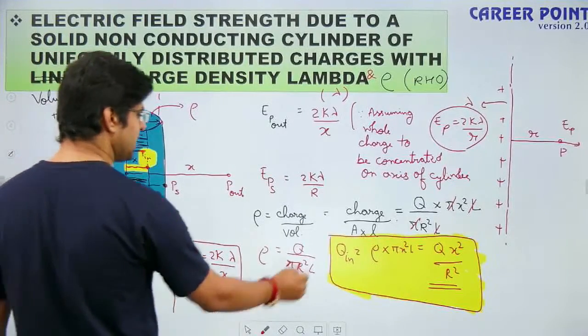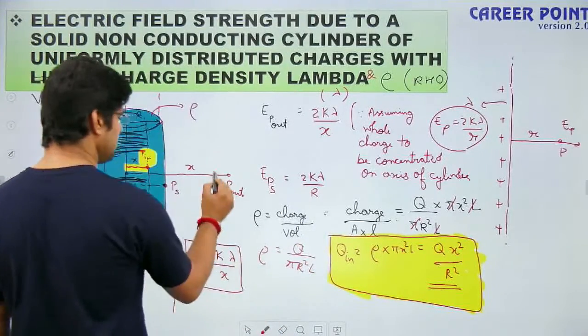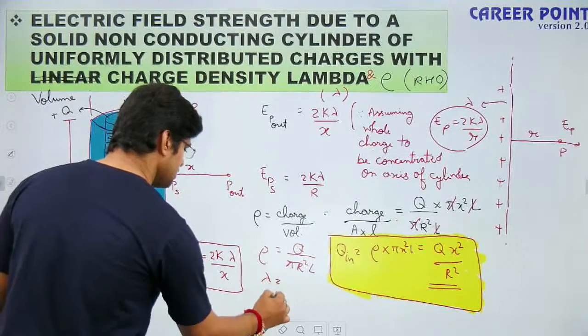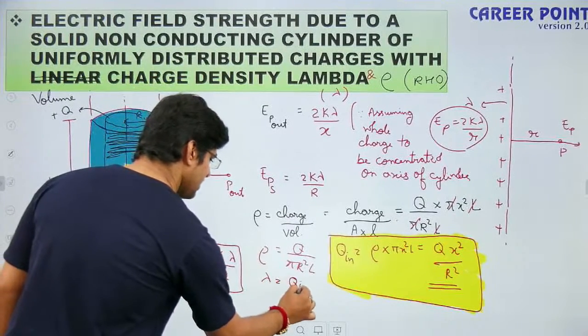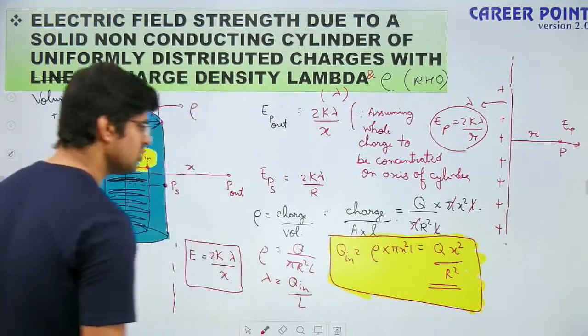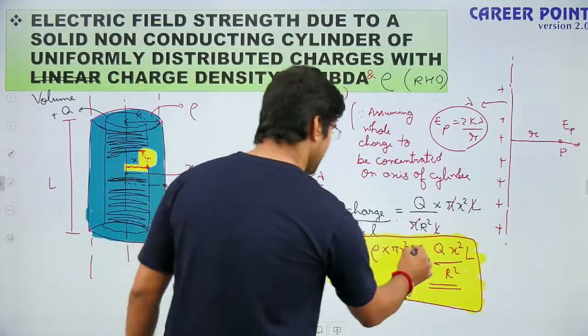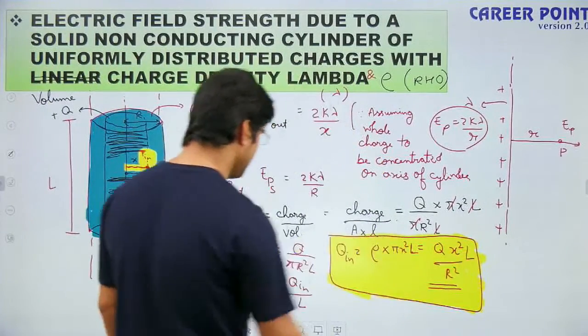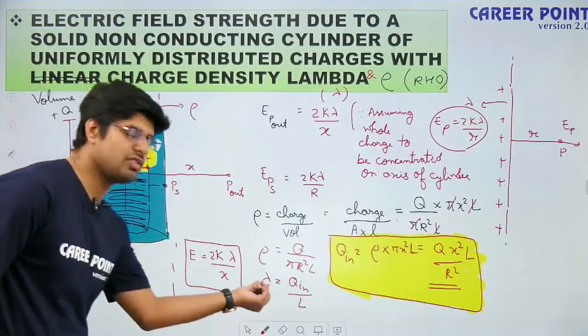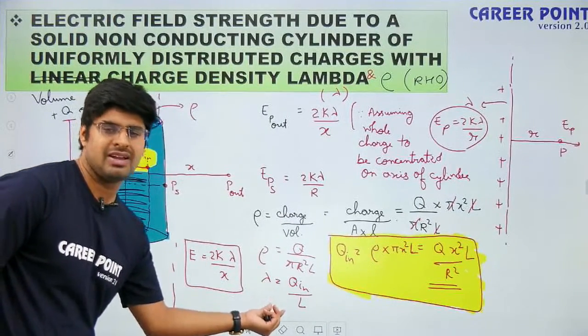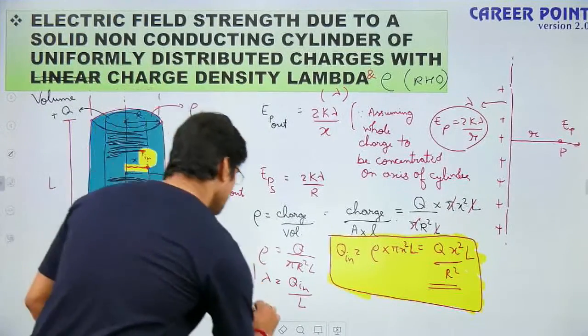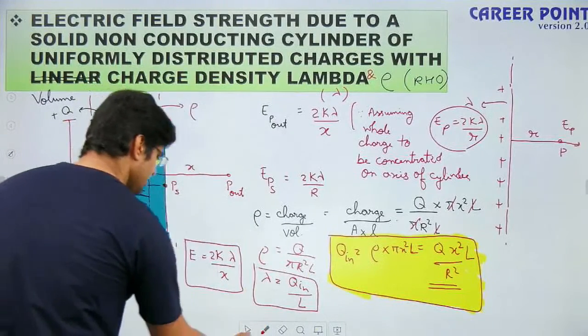The value of lambda will be charge per unit length. So what will be the charge per unit length here? Lambda is equal to q inside by length L, and q inside is q x square by r square into L. So the value of lambda is q inside by length L.